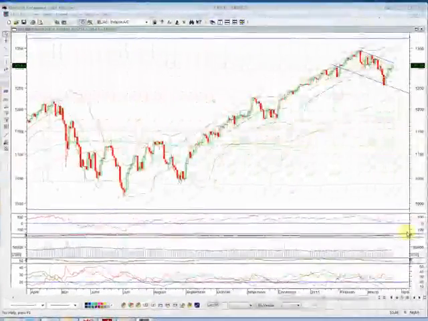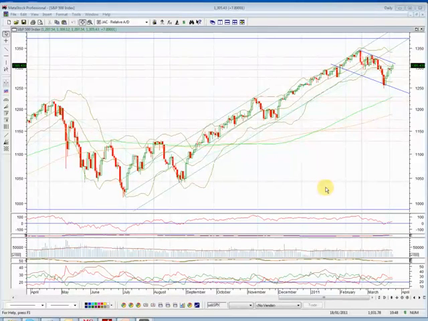So let's move now to the screen, to MetaStock, and let's start talking about the S&P 500 index. Last Tuesday we reached a resistance level, and I plotted those trend lines here, making a downwards channel.